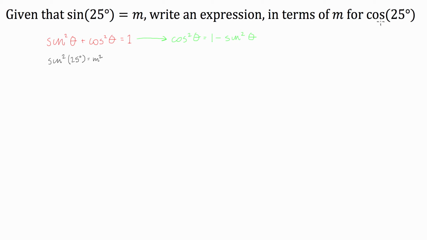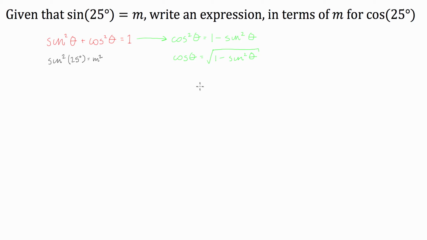And then because this is only cosine, we can rearrange this further and square root both sides. So we'll be left with cosine of theta, which is what we're after, is equal to the square root of 1 minus sine squared theta.